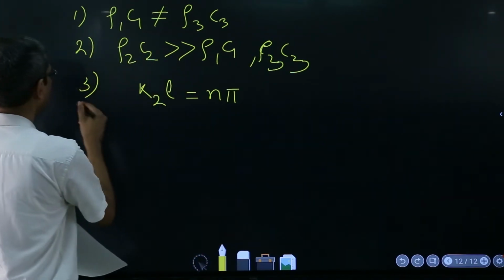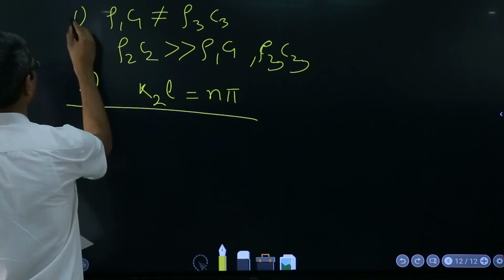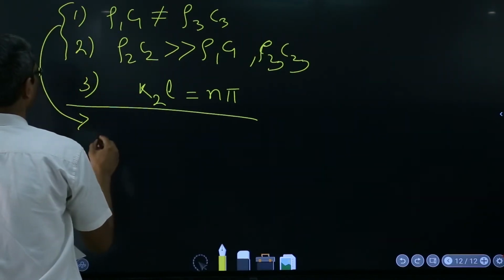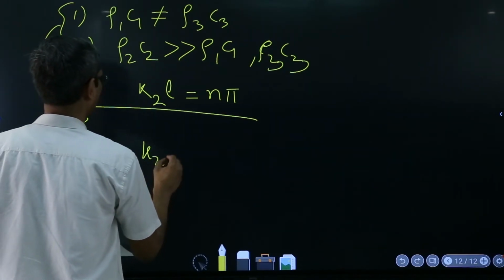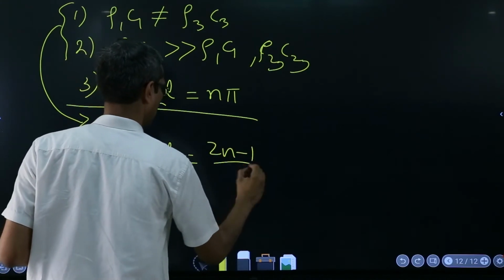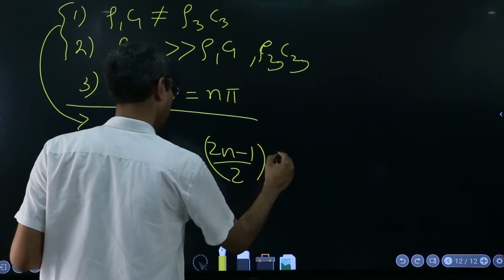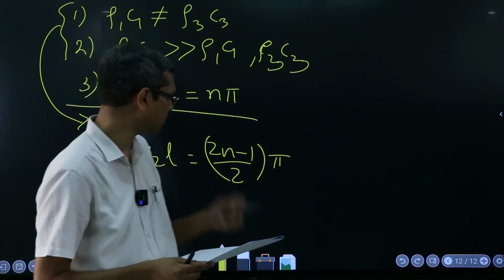And case 5 is, these two cases are the same, and the third condition is an odd number multiple of pi over 2.